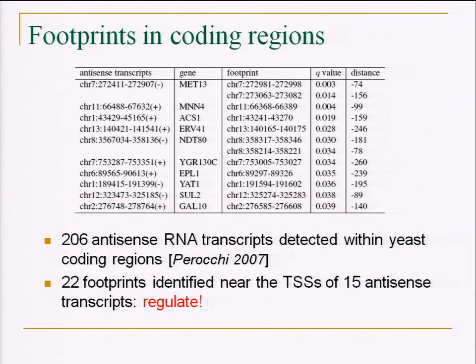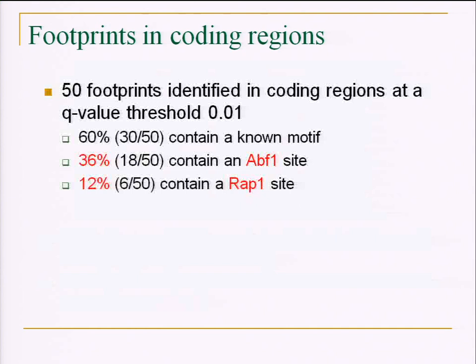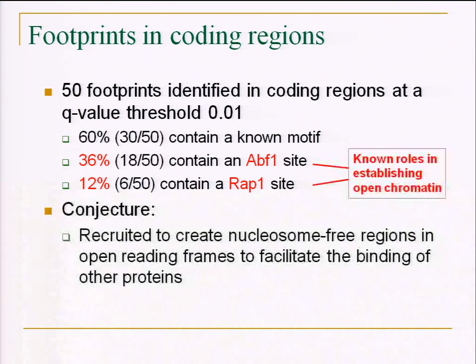So among the most significant ones identified from the coding region, there are 50 total, 6,000 contain ABF1 and 30,000 contain ABF1, 12,000 contain another motif. Both ABF1 and its partner have established control.